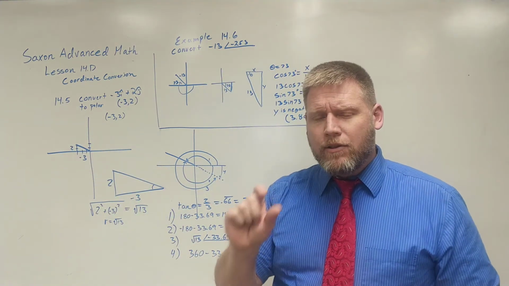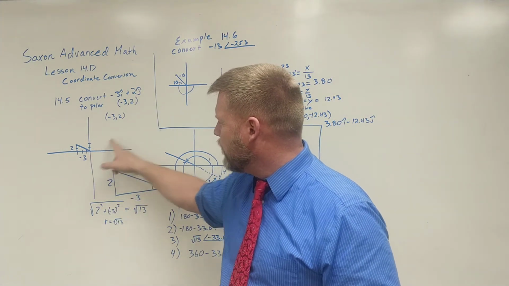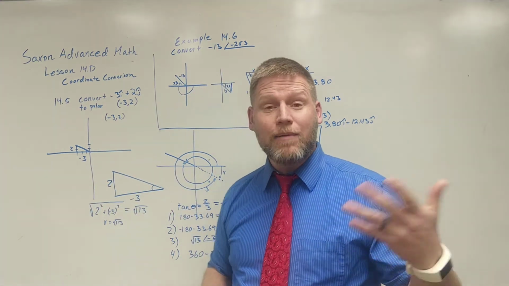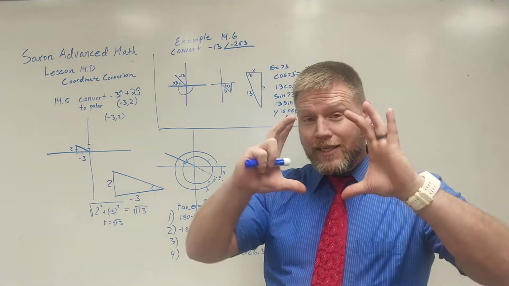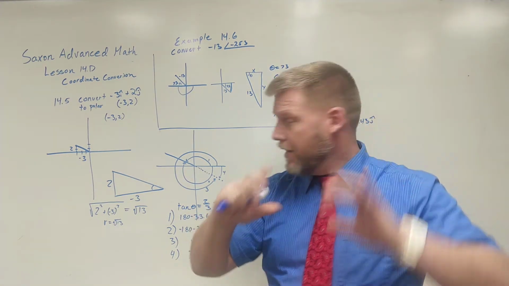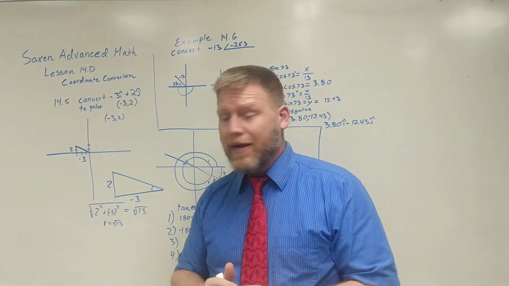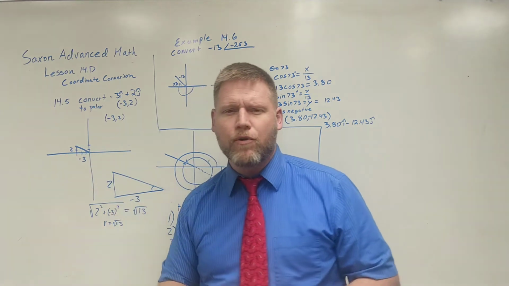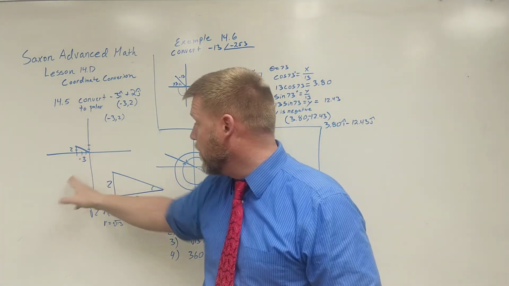A radius would be a certain distance away, and all of the points on that circle would be that same distance away. Then I can define where it is by looking from a standard position at how many degrees it goes over through the 4 quadrants.